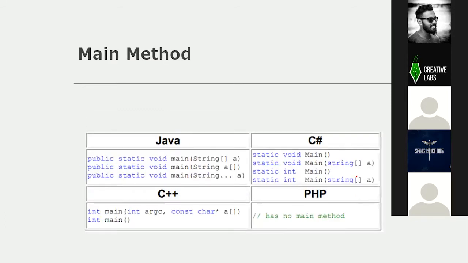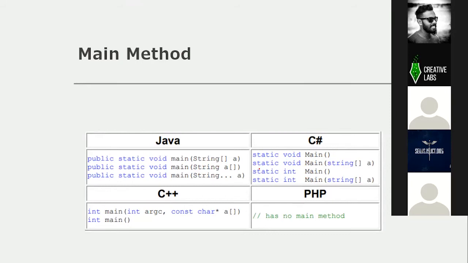And we have the main method of all the languages. So we can implement the main method of Java using these three variations. You can provide this one, or this one. It doesn't matter, but in C# we can do it like this.